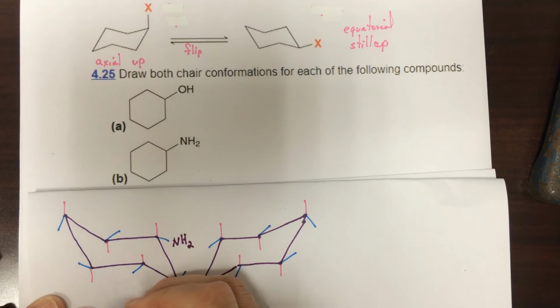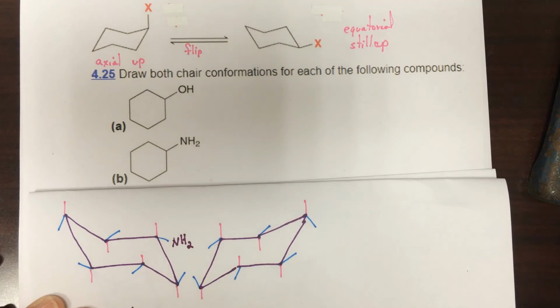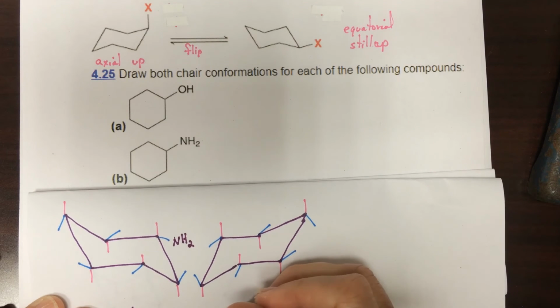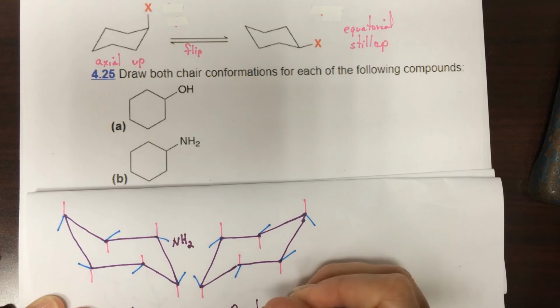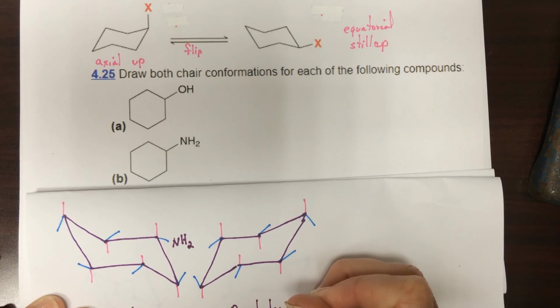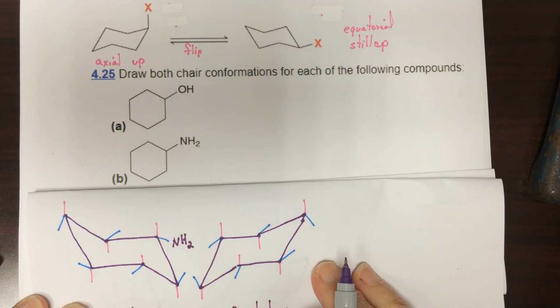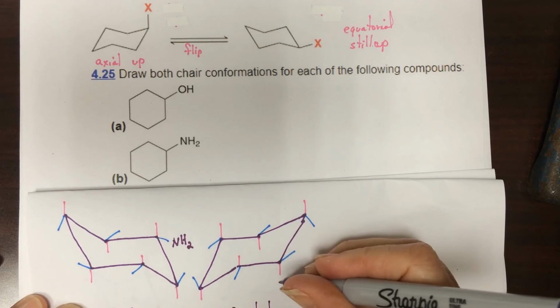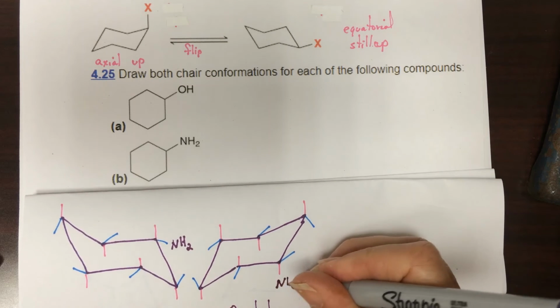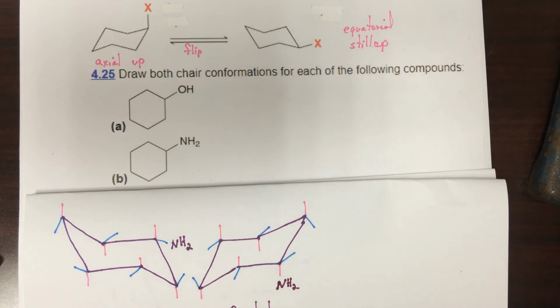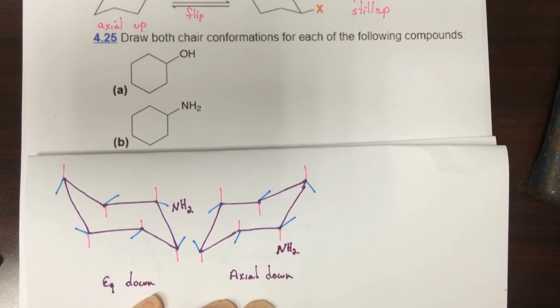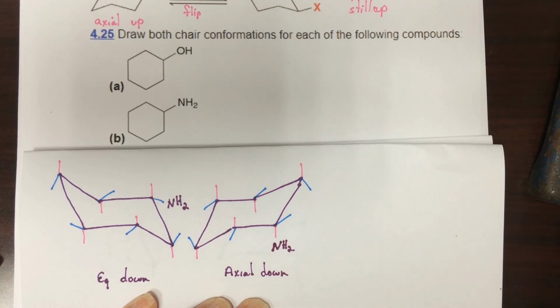This is an equatorial and down position. So when the ring flips, we're going to want it to be axial and down. So we can put it right here. The pink are the axials. Okay?